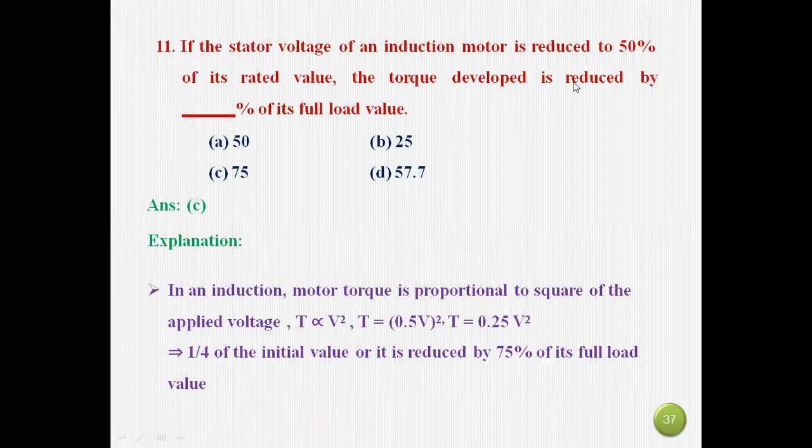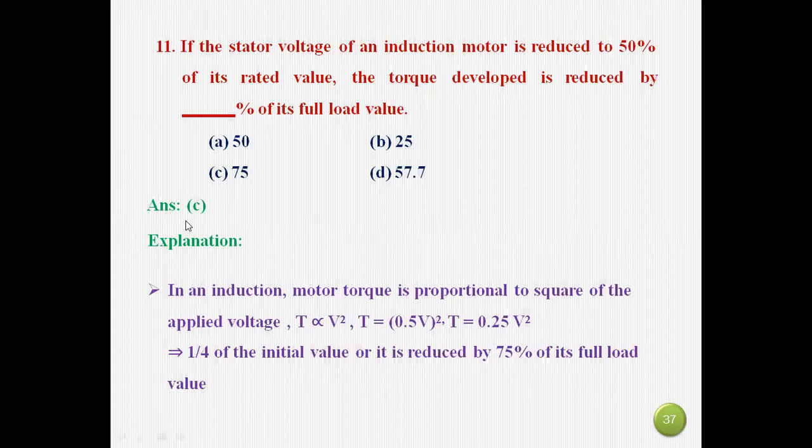So 50% you can take as 50 upon 100, that is 0.5. We have torque is directly proportional to V square. We can take torque equal to 0.5 V square squared, so 0.5 squared is 0.25 V square. It is already solved; you will get that value as 1/4.